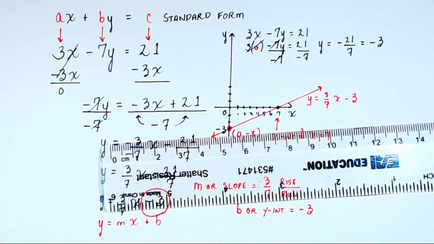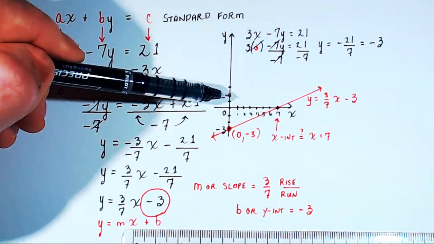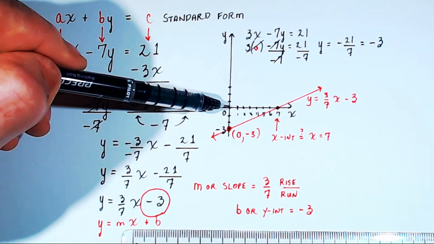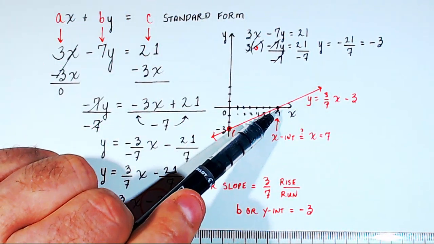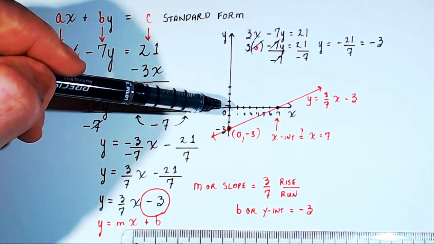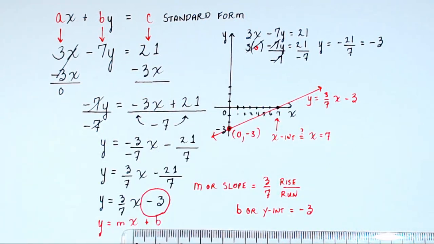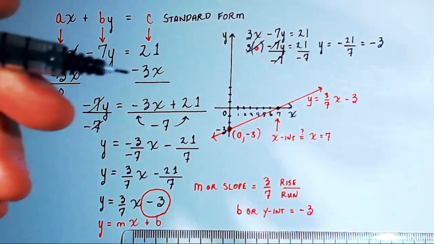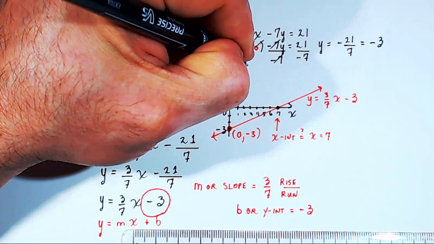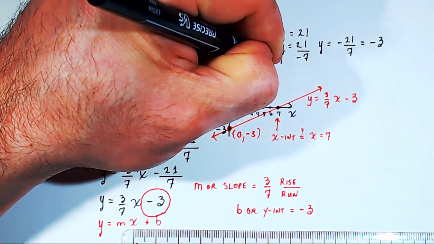Question is, can we do this same kind of analysis to find the x-intercept? Now let's look at the x-intercept. Here's the y-axis. Y is 0 over here where this crosses the x-axis. So we have to ask ourselves, what is x when y is 0? So we'll go back to our standard equation, 3x minus 7.